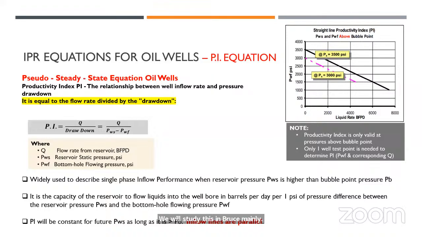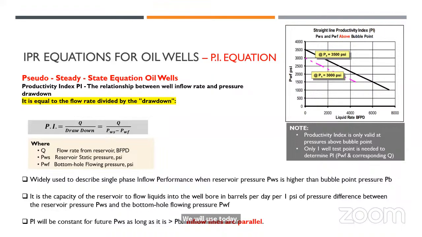How to do the equation: we usually do some sort of testing, and we do some matching between the testing and the model to get the best IPR model for our system. But mainly the PI equation is widely used to describe single phase, because the reservoir pressure is more than the bubble point pressure, so we don't have gas. This is the basic model that we will use today.